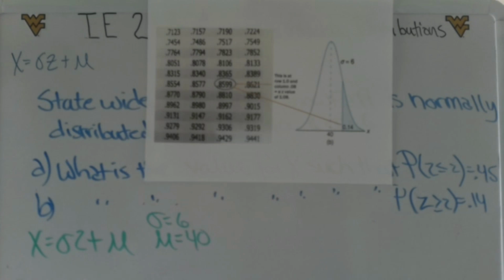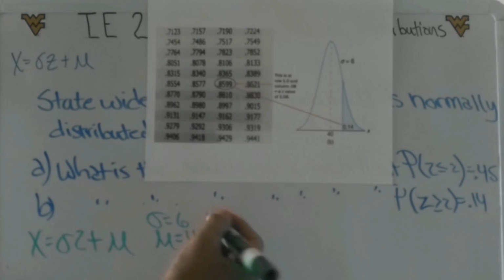So we look for, because this z-table is cumulative to the left, we look for 0.86 on the chart. And when we find it, it is actually at row 1.0 and column 0.08. So our z value is 1.08.